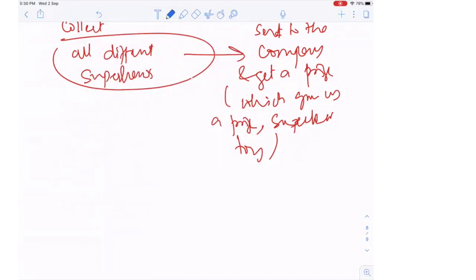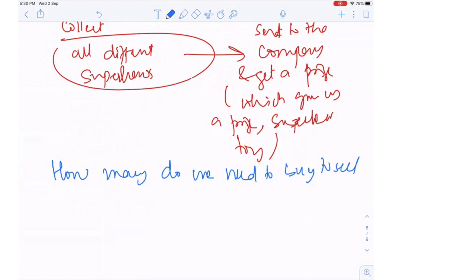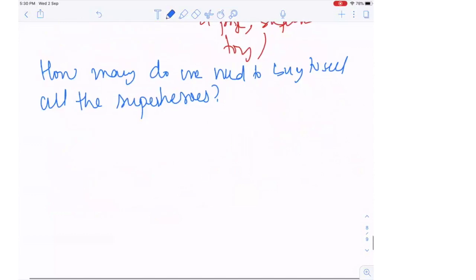Now, very natural question, at least even then I remember I used to have, not that I knew how to analyze these things, is how many do we need to buy to see all the superheroes? So first of all, how are we going to model this question in our setting of a randomized algorithm, and how are we going to solve this?